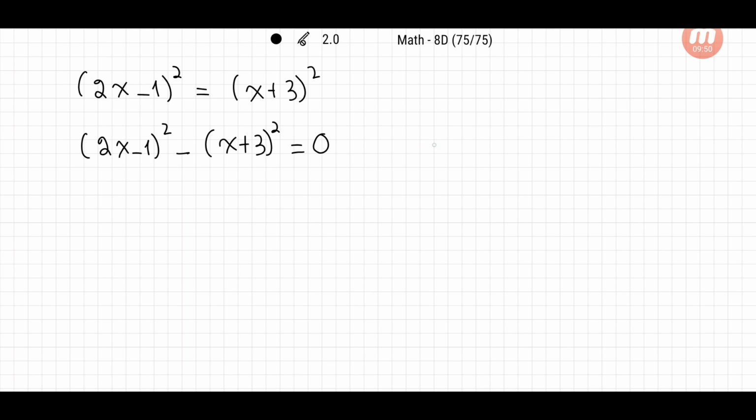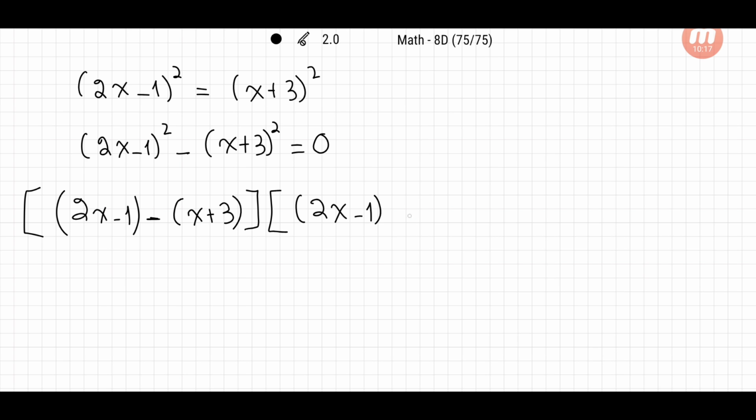Now I need to factorize. Since I'm solving an equation equals to 0, I need to factorize. This is difference of two squares. So I take the radical of the first term, (2x minus 1) squared, it becomes 2x minus 1 without the square. And same for (x plus 3) squared, it becomes x plus 3. I take it one time as minus, and the other time as plus.